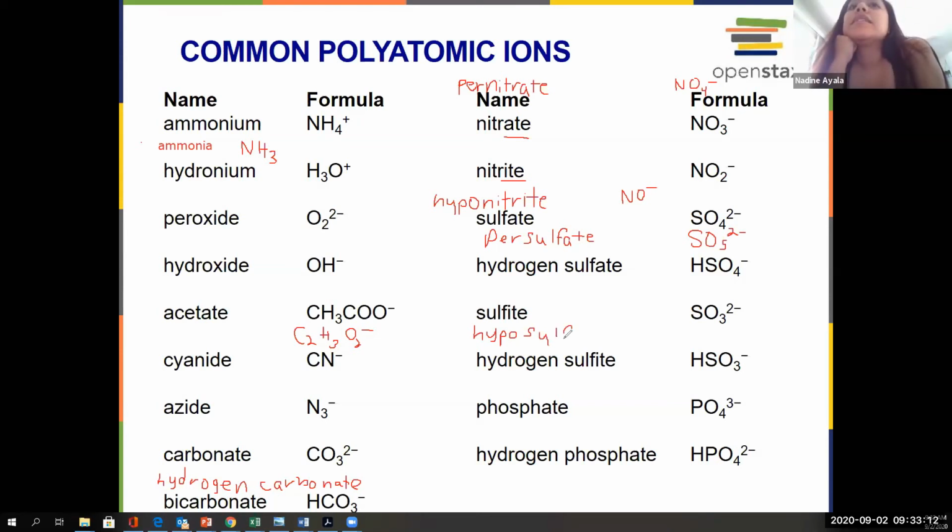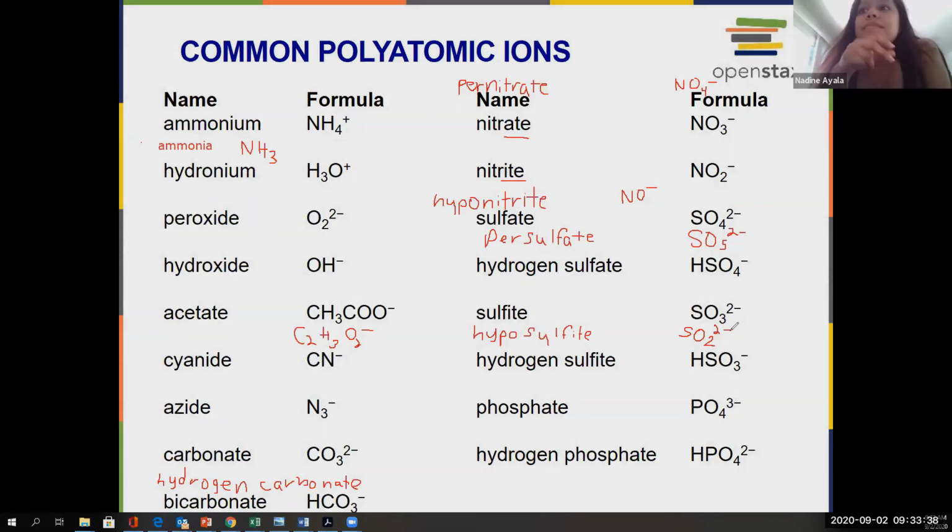SO4 2 minus? SO2. You say SO4 or did you say SO2? It'd be SO2, right? SO2, 2 minus. Right? Yes. Okay, piece of cake? Yes. Okay, so we're going to stop here.